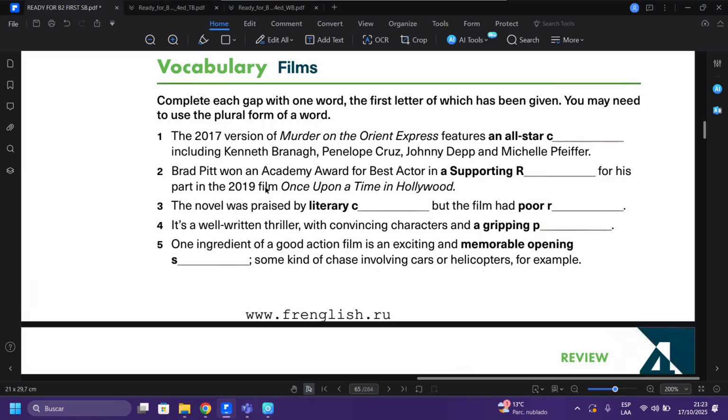Do you give up? It says including an all star... cast. Yes, cast. These are all of the people that take part in a movie.